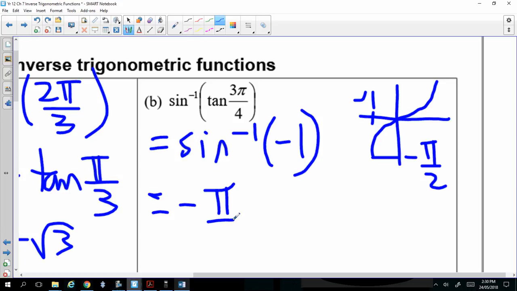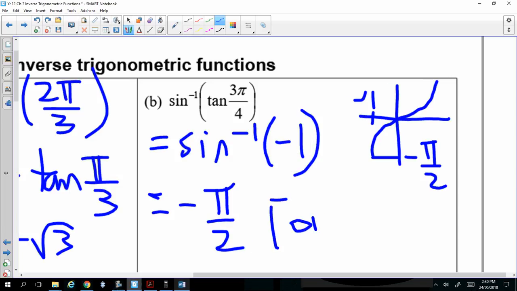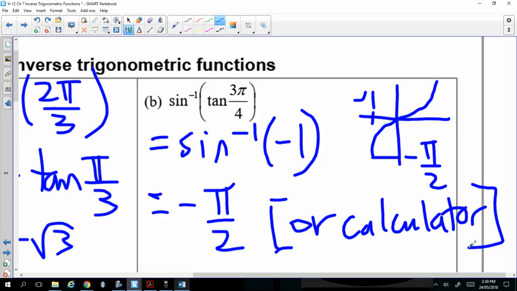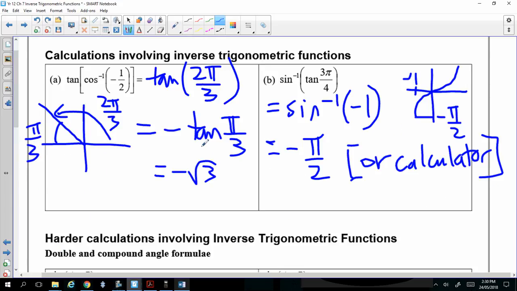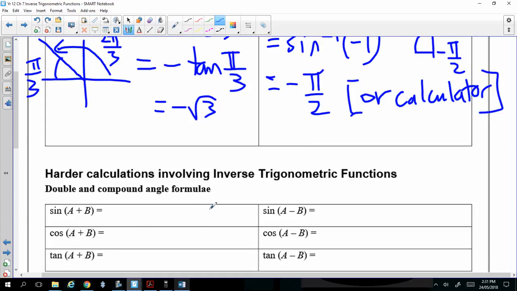Okay, after we finish that, can you take a minute or two filling out the bottom? Again, it's a revision of all the compound angle formula and double angle formula. So fill this out. We'll use that again in the question below. Okay, so let's do them.